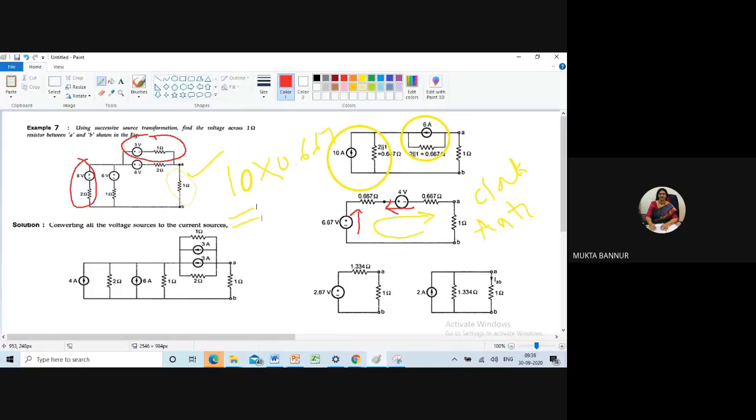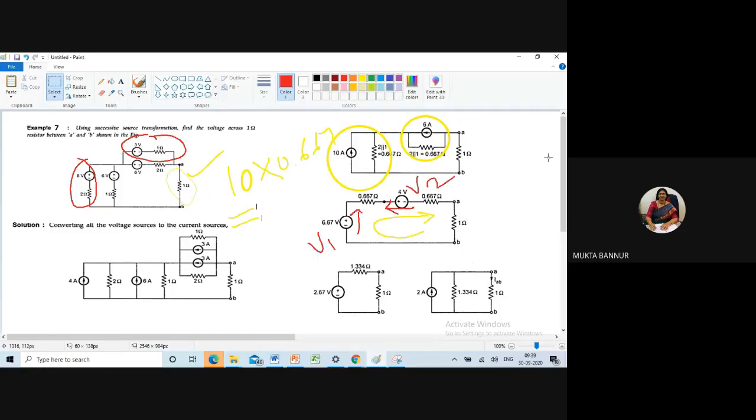So no doubt V1 and V2 are connected in series, but both are acting in opposite directions. Thus, now we need to evaluate the net voltage of these two sources connected in series.